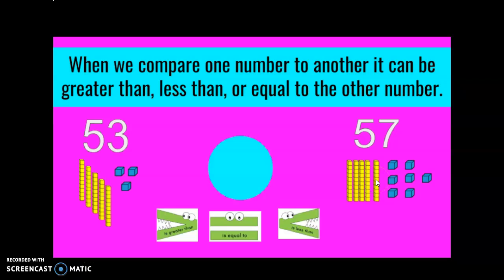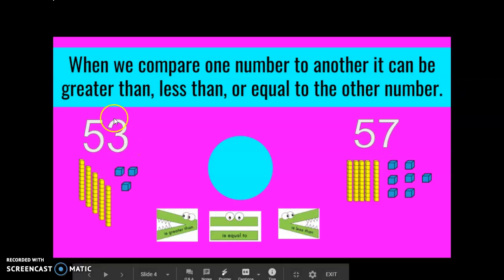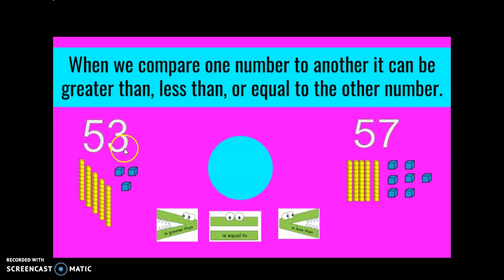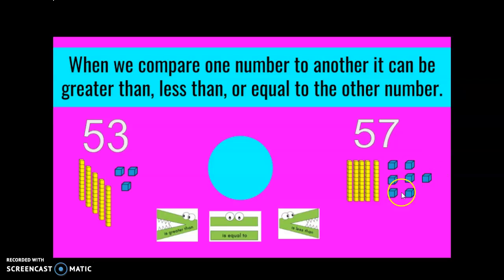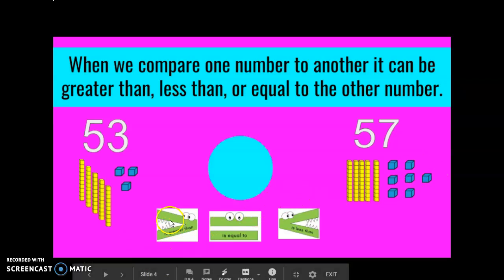So remember, in step 2, if our largest place value is equal, then we're going to move to the next place value. So in this case, that would be my ones place. So I have a 3 here and a 7 here. So I have that shown, 1, 2, 3, and 1, 2, 3, 4, 5, 6, 7. So our crocodile wants to eat the bigger snack. And clearly we can see that 7 is bigger than 3.